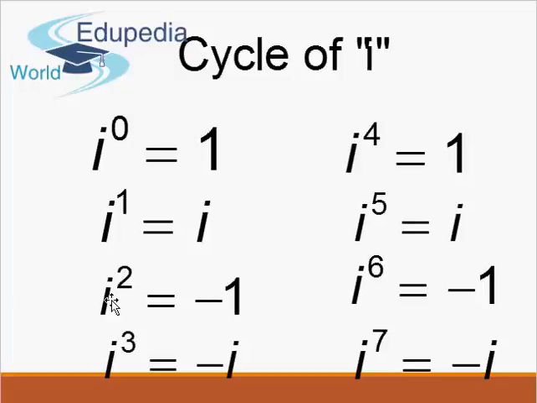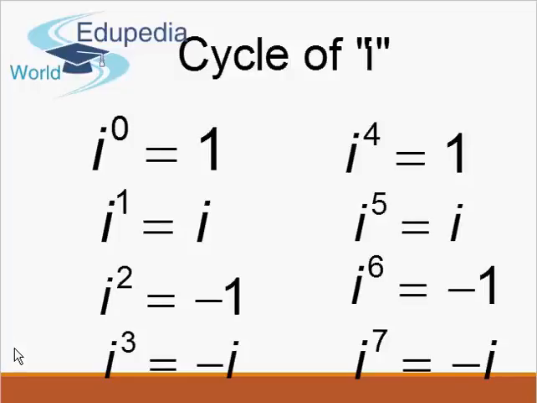And then moving on, we have i cubed. So i cubed is nothing except i squared multiplied by i to the power of 1, because we know that if x squared is multiplied by x, we get x cubed, because whenever there is nothing written in the power area, that basically means it is 1.